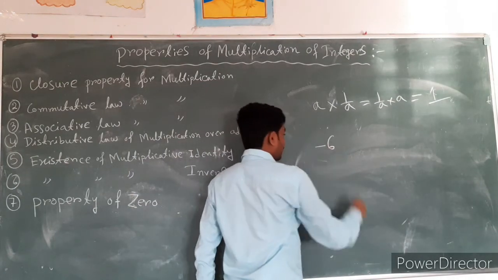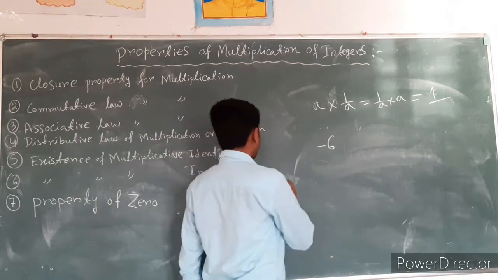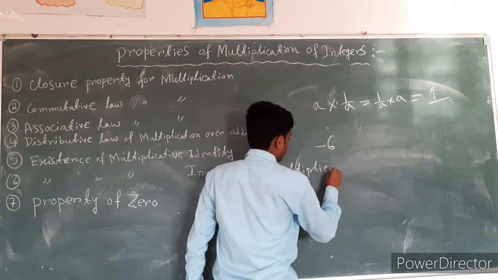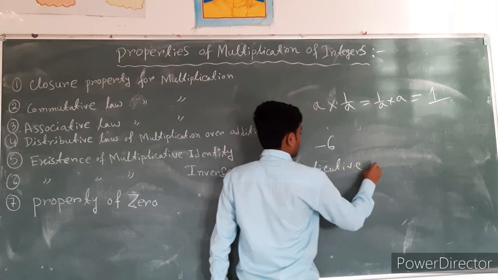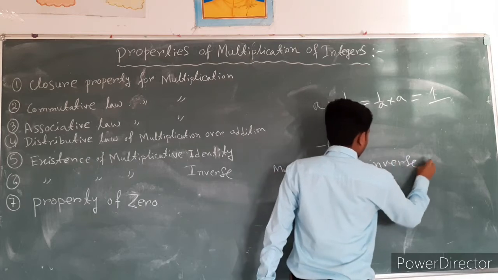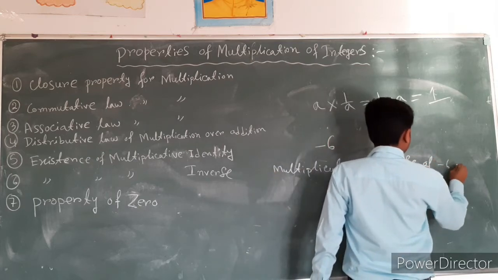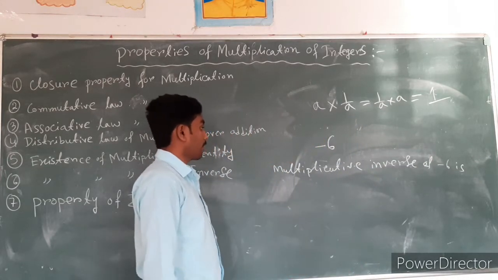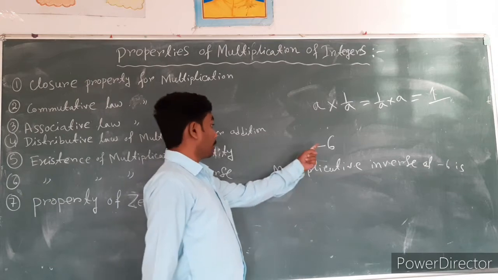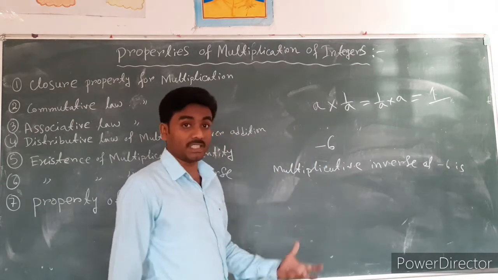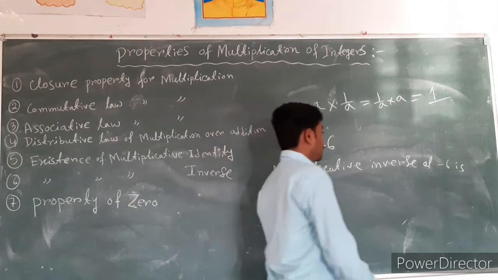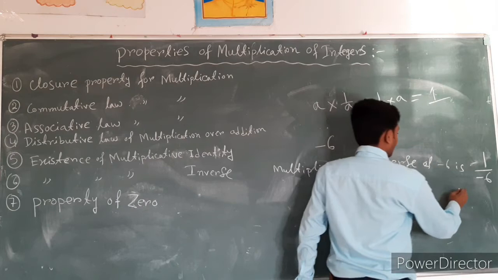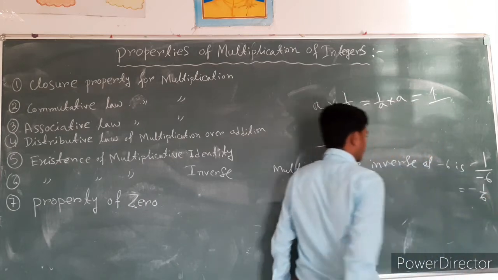Suppose minus 6 is an integer, then the multiplicative inverse of minus 6 is minus 1 upon 6, that means minus 1 by 6.